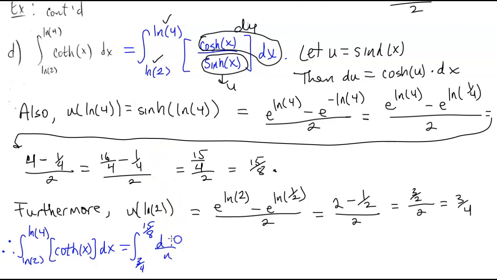And of course the antiderivative of du over u is just going to be natural log of absolute value of u. And we evaluate that from 3/4 to 15 over 8. So this would be, since both of these numbers are positive, I'm going to drop the absolute value sign. This would be minus.